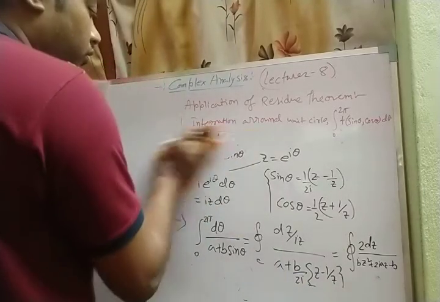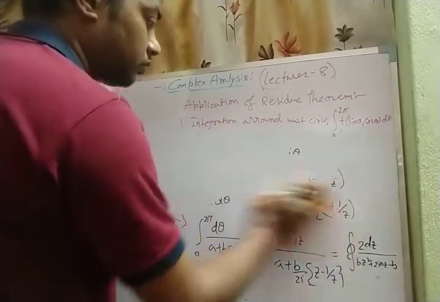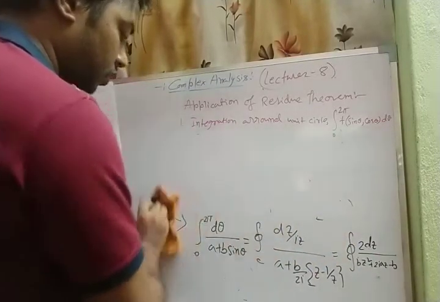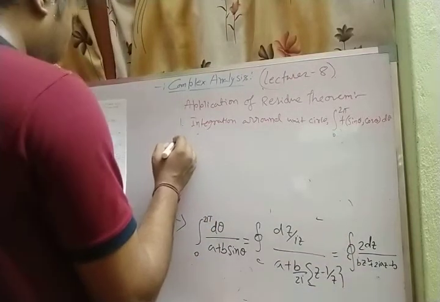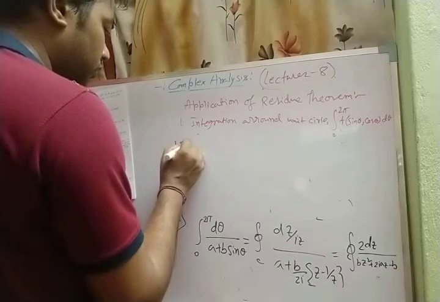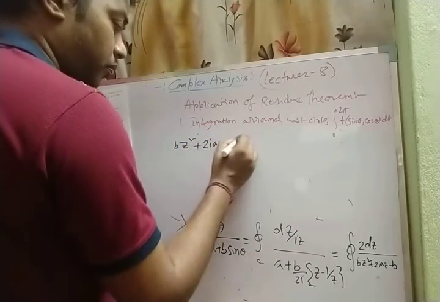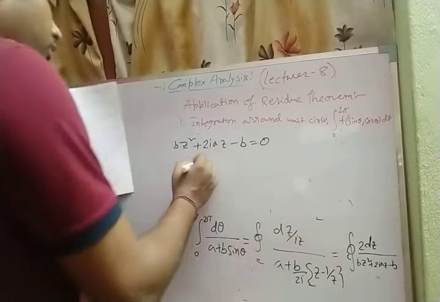Now we have to find out the poles for this function. So the denominator here is b z square plus twice i a z minus b equals 0.